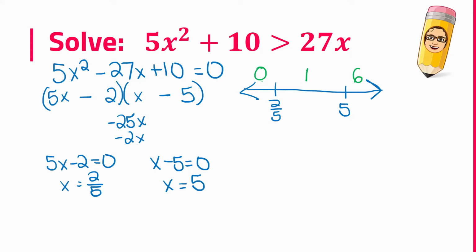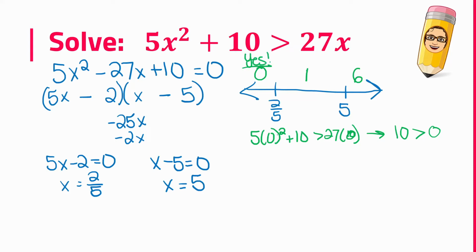Let's plug them in. So I have 5 times 0 squared plus 10 is greater than 27 times 0. This would be 10 is greater than 0. That's definitely a yes, right? Because 27 is bigger than 0.